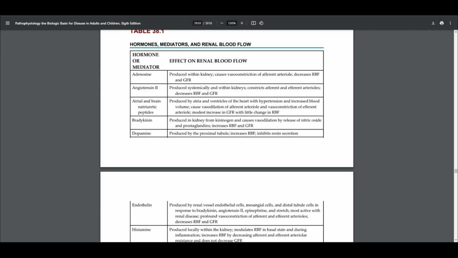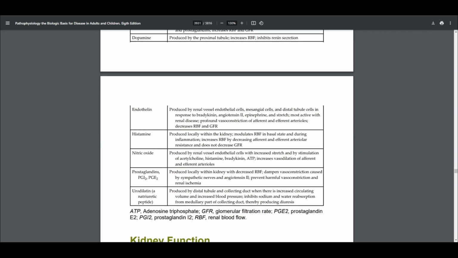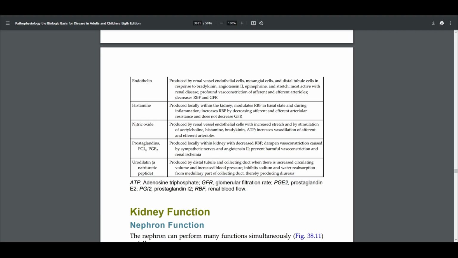Dopamine, produced by the proximal tubule, increases RBF and inhibits the renin secretion. Endothelin, produced by renal vessels, endothelial cells, mesenchymal cells, and distal tubule cells in response to bradykinin, angiotensin II, epinephrine, and stretch, is most active with renal disease, causing profound vasoconstriction of afferent and efferent arterioles, thereby decreasing RBF and GFR.